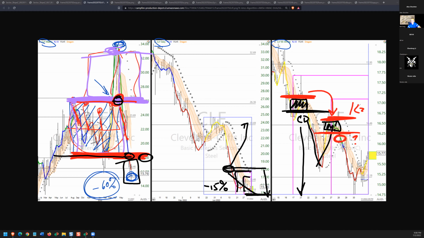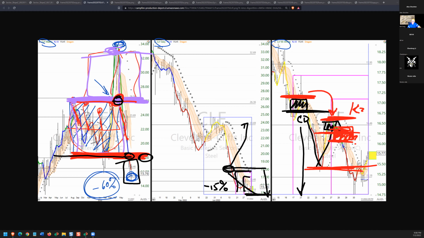Kata 2, because you have lower highs and then a crossing of the dragon and a taking out of the PSAR. So you're short right there with a risk box to the top of the dragon. And your target is here.